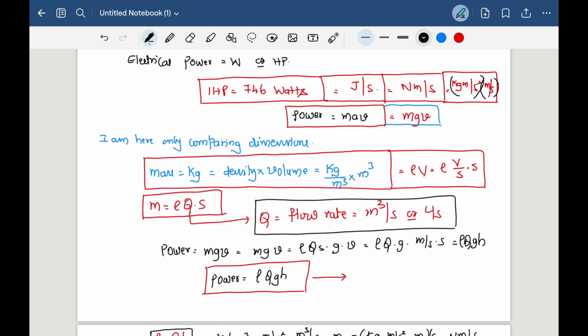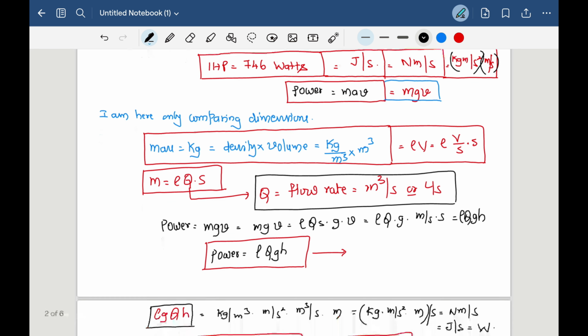Power is equal to MAV, from where we got MGV. Then we have rho V, rho into volume per second, that is Q. M is equal to rho Q into S. Where Q is the flow rate, capital Q, not small q. Capital Q, flow rate, cubic meter per second or liters per second. Power is equal to MGV, that is rho QS GV, that is equal to rho QGH.